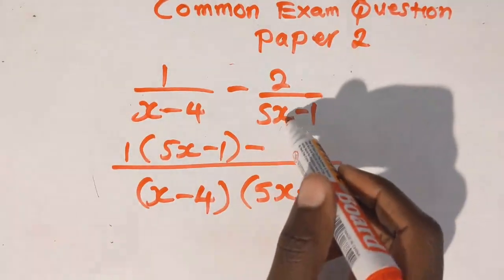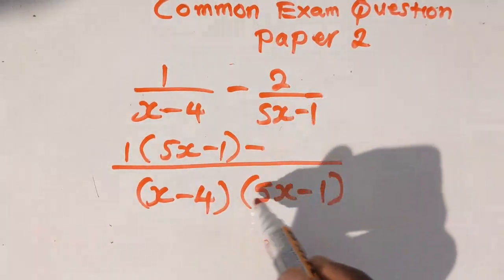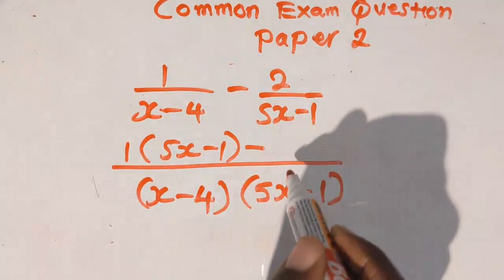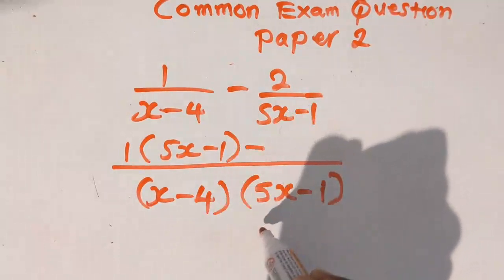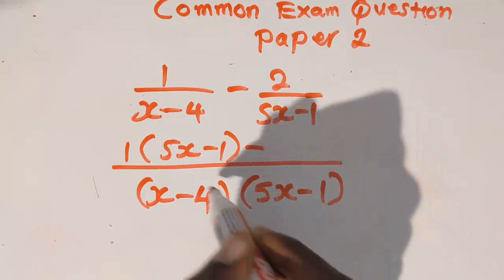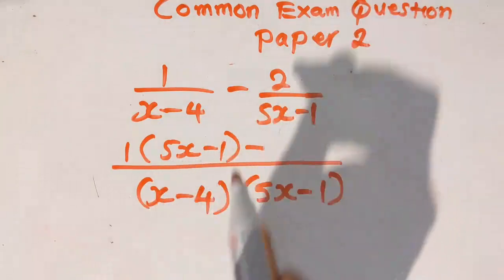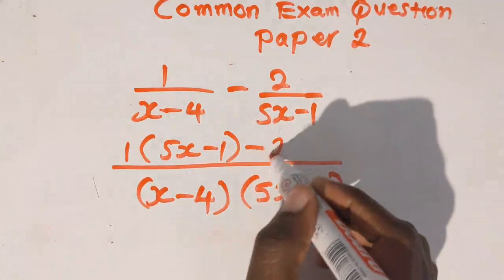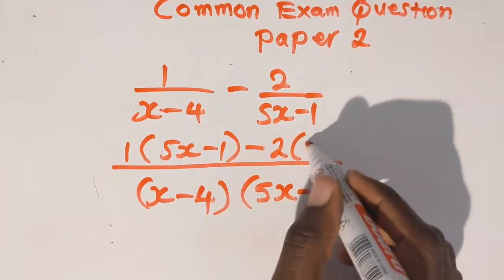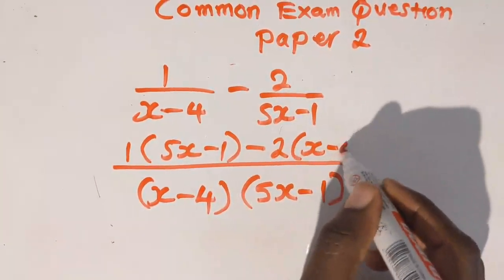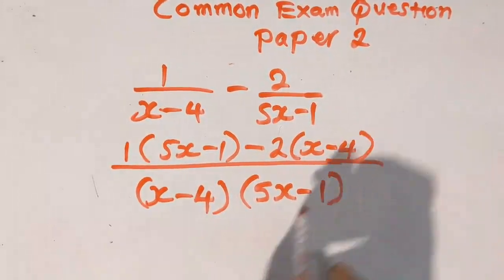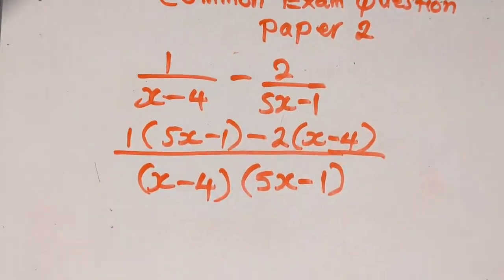Then we'll say this into that, which cancels this, then what will remain is this one. Then this will be multiplied by the 2, so it will be 2 multiplied by x minus 4. Okay? So that is what you're supposed to do.